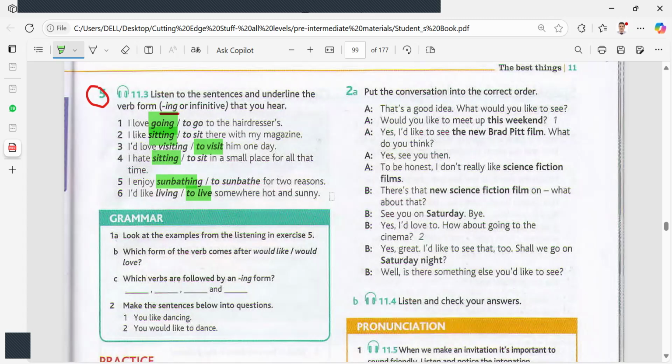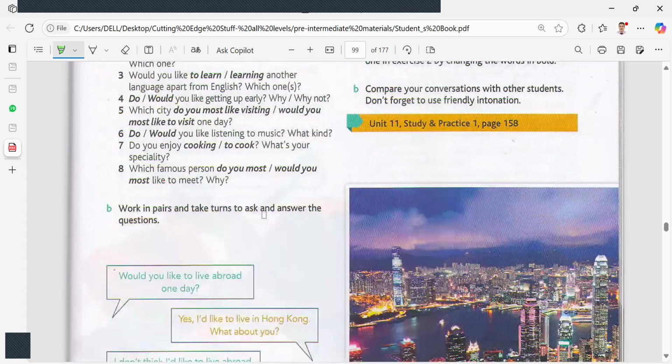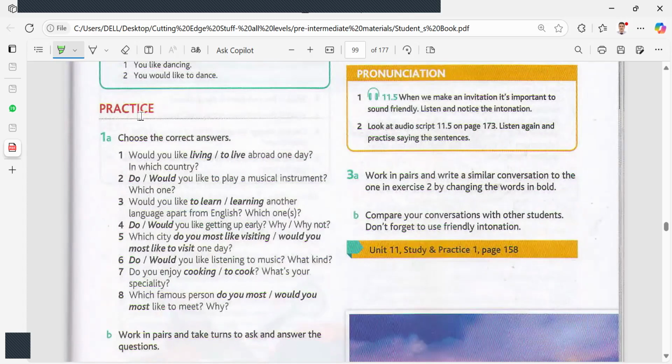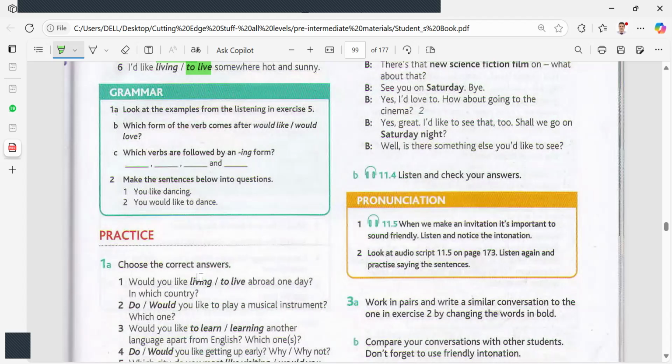Okay, clear? Clear. So now I think you should be ready to complete this practice. Can you please do it yourself? Number 1, would you like to live abroad?